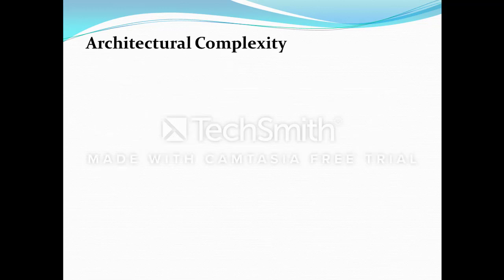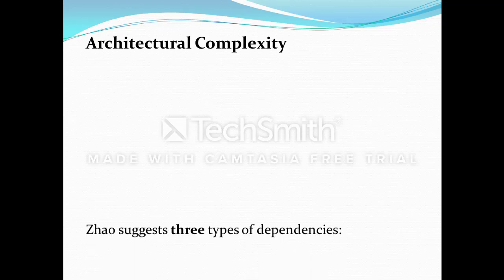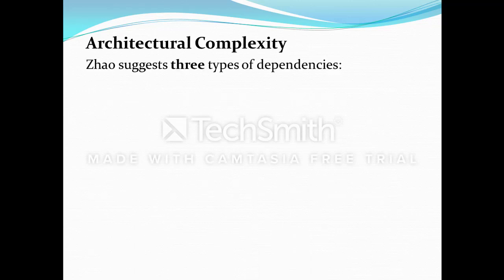Next assessing technique is architectural complexity. It is a technique to assess the overall complexity of a proposed architecture. There are 3 types of dependencies.